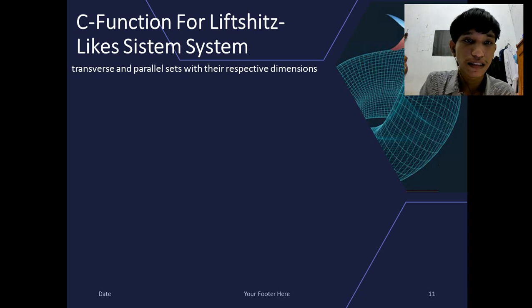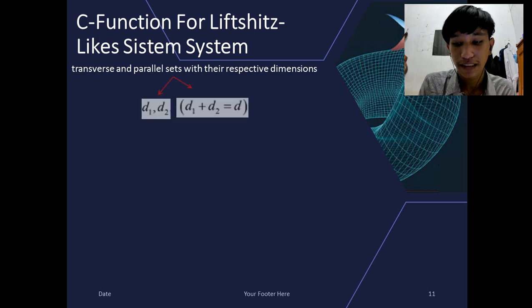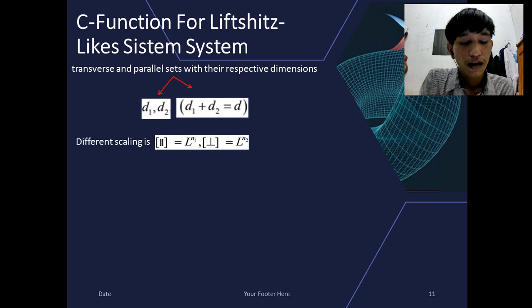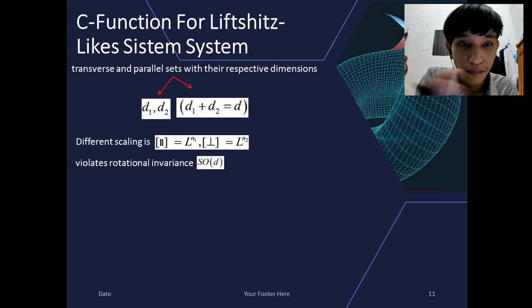After that, I want to tell you the theoretical basics of my presentation. It is a function for the Lifshitz scaling system, with transverse and parallel sectors with their respective dimensions. If you have D1 and D2 and add the variables D1 and D2, or the constants, it equals D. I want to explain what the difference is, and you can see the finite rotational difference.